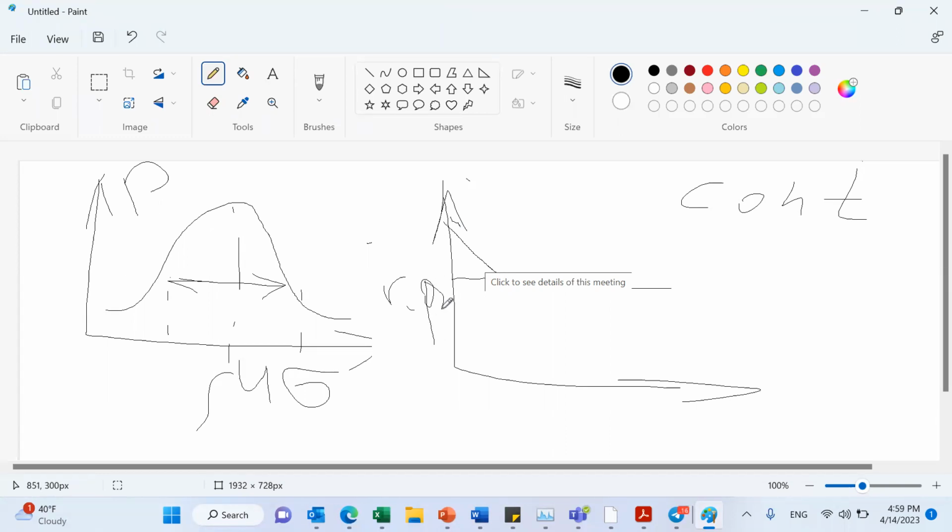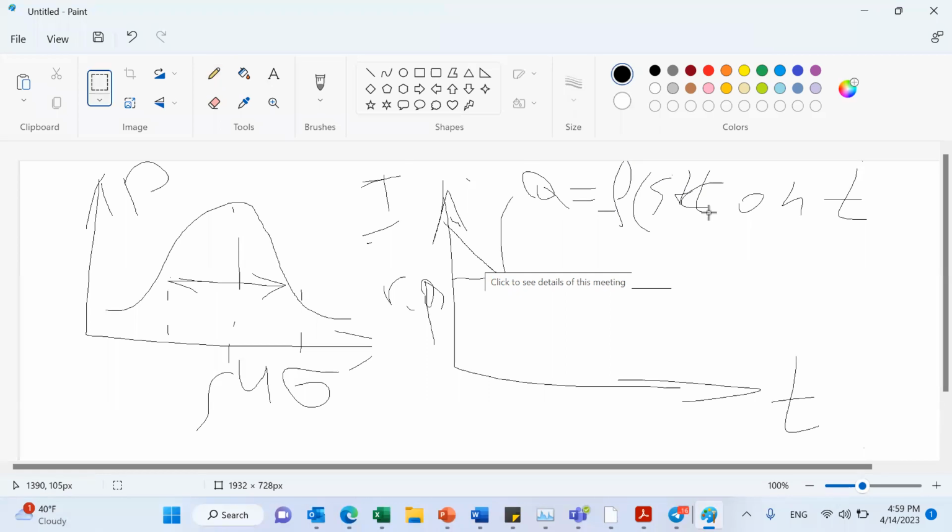This is inventory, sorry, this is time, right? When it hits your reorder point, you order again. And you order some Q, which is usually the same number every time. And this Q is a function of your standard deviation. Okay, let me delete this.